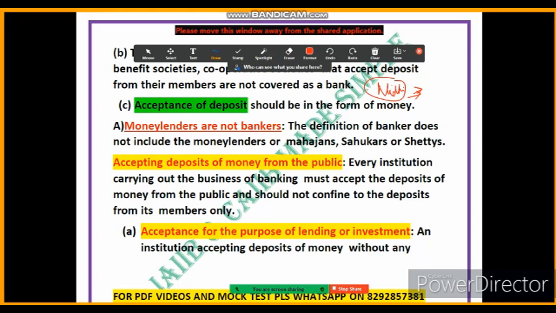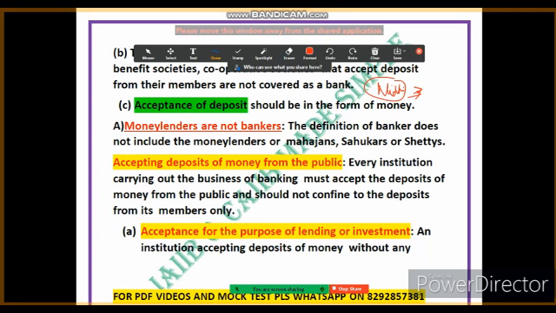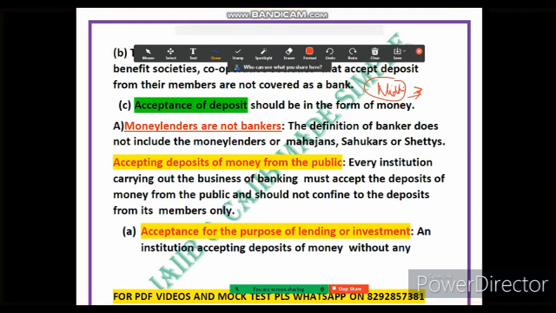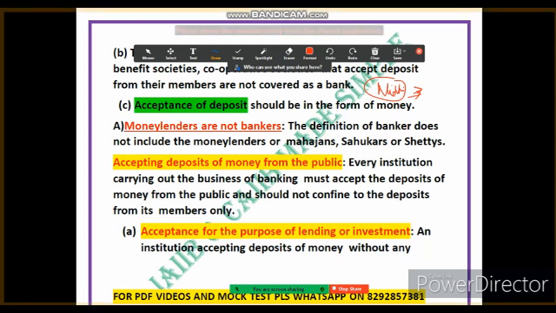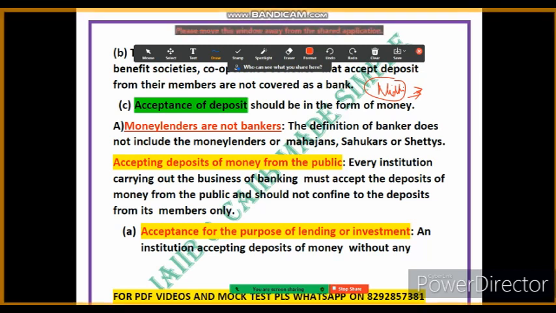So let me give you an example to make this concept more clear, because clarity in concept is very important here. So friends, you can take the help of a credit union. A credit union that operates within a specific community and only accepts deposit from its members who live in that community would not be considered a bank.